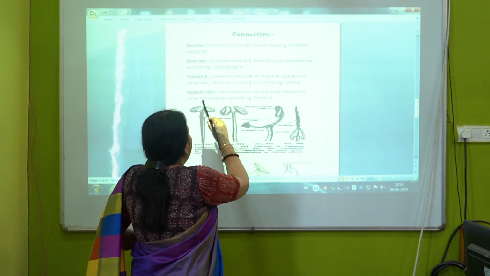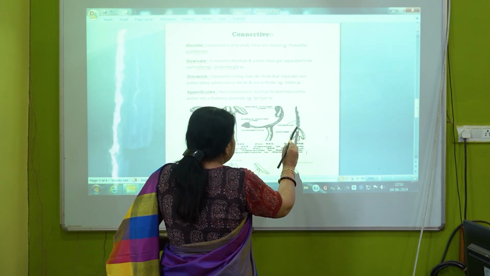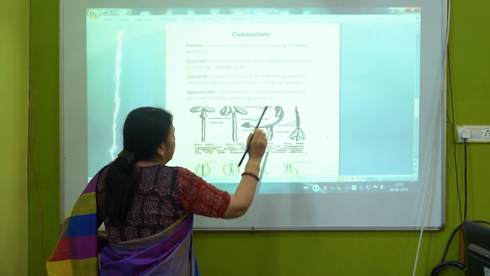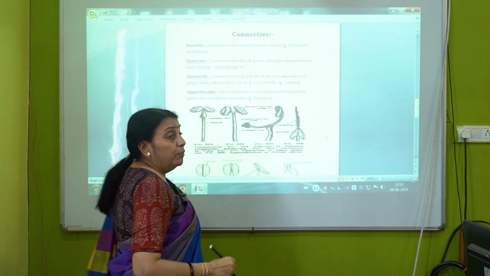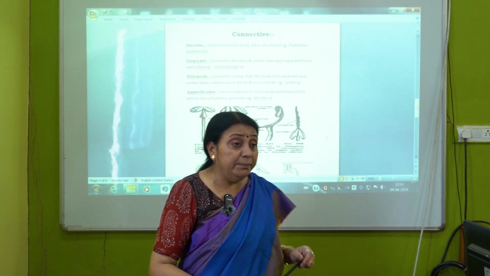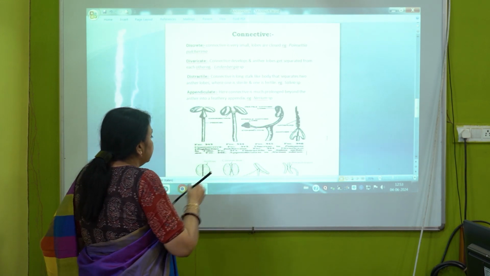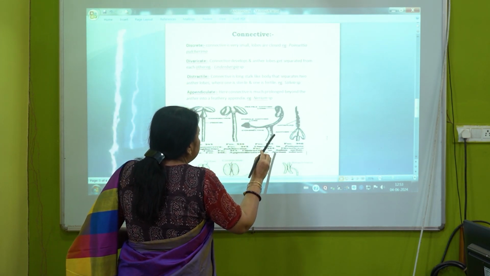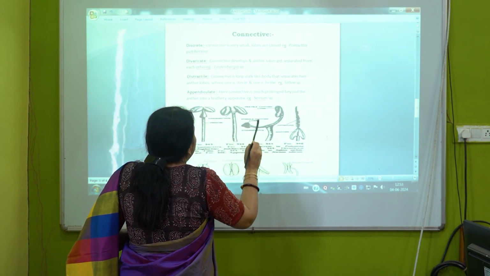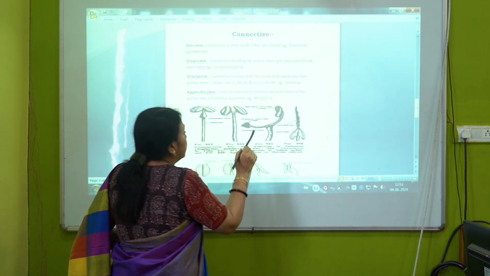This is the appendiculate type of connective, and it is mainly found in the case of Nerium, whose common name is Karabi. Actually, these are the different types of anther on the basis of their connectives.